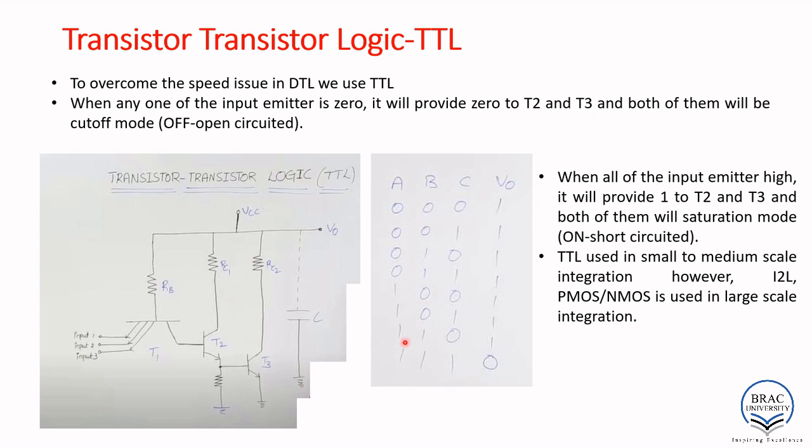So if all of the inputs are 1, we are getting 0, otherwise 1. So this is the representation of a NAND gate. Through this transistor logic, we are implementing the NAND functionality.